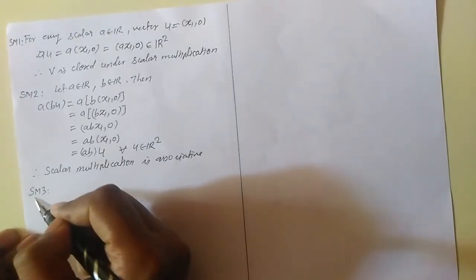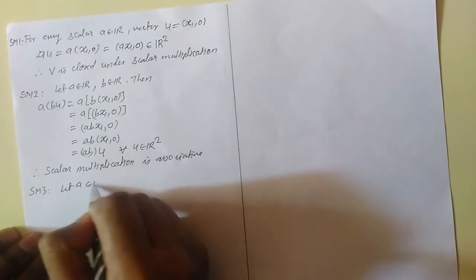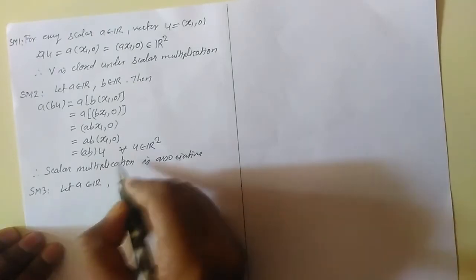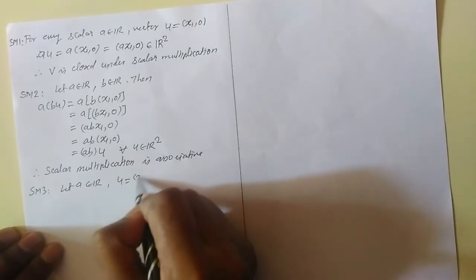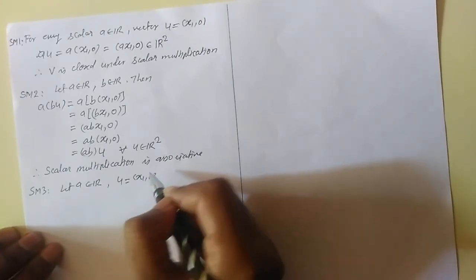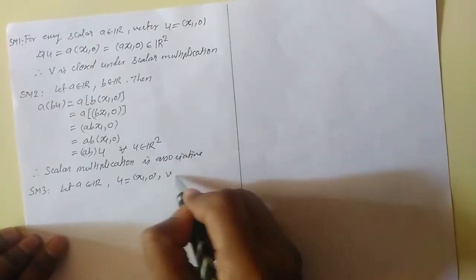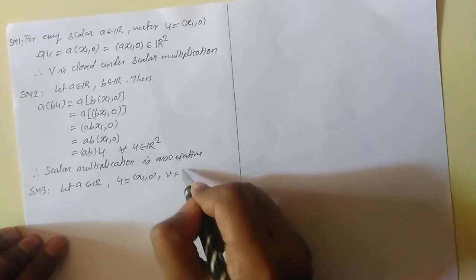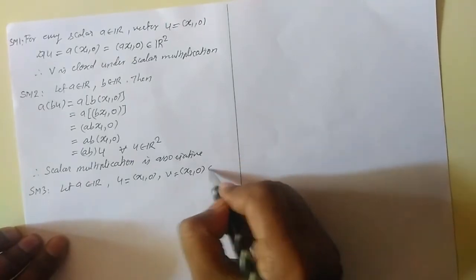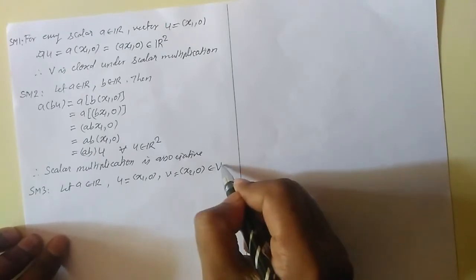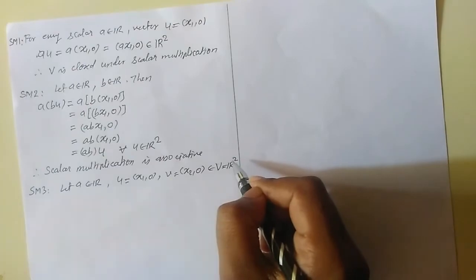SM3. Let a belong to R and u = (x1, 0) and v = (x2, 0), which both belong to V, that is R2.